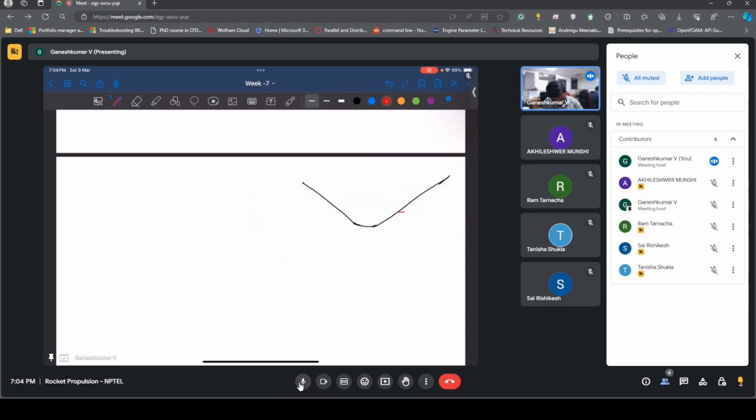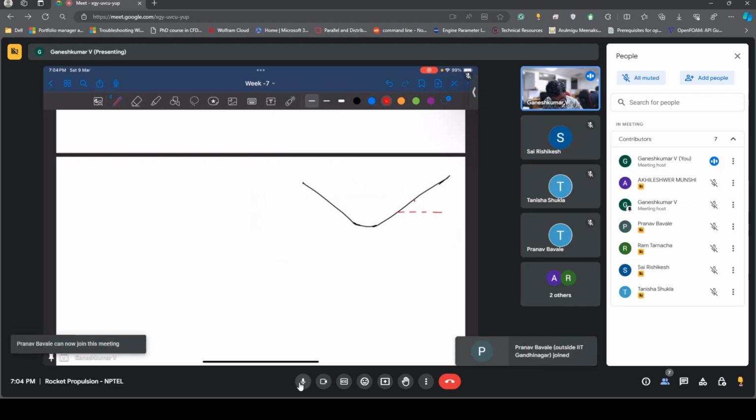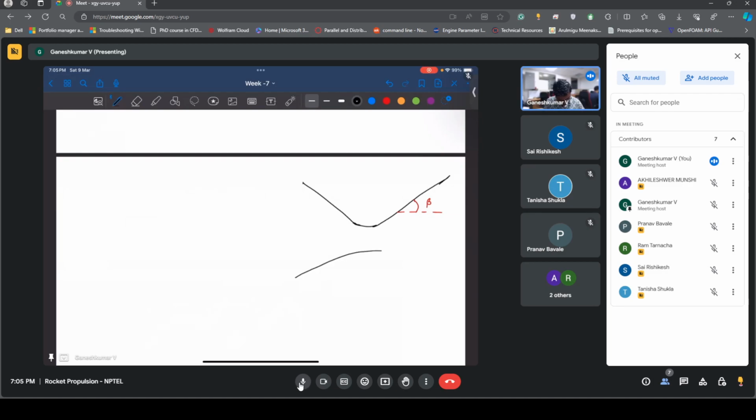This one is actually the divergence angle, you can say beta. It's actually the semi divergence angle because you are considering only the upper half. If you completely draw a nozzle, then this total angle, 2 beta, will be your divergence angle.